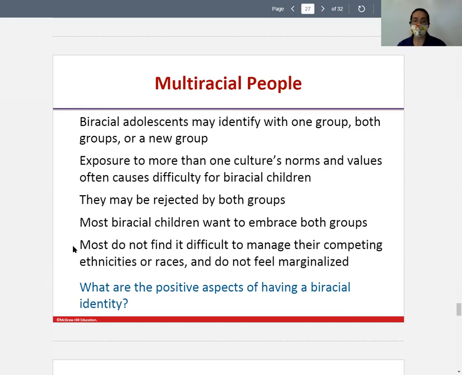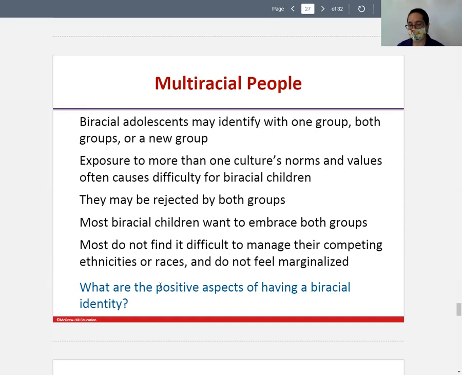Luckily, most people don't find it terribly difficult to manage, and so they don't feel marginalized, but it is definitely possible. When you can be accepted by all the groups that you're a part of, it does feel good.